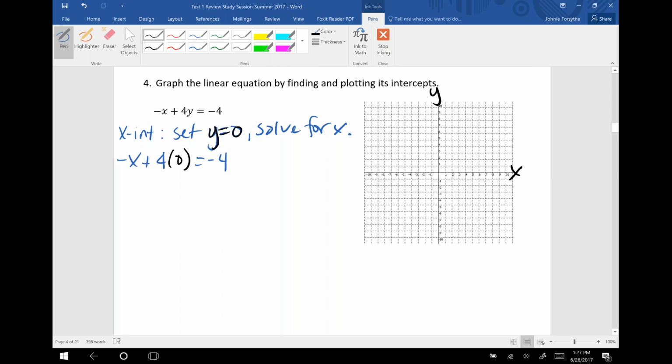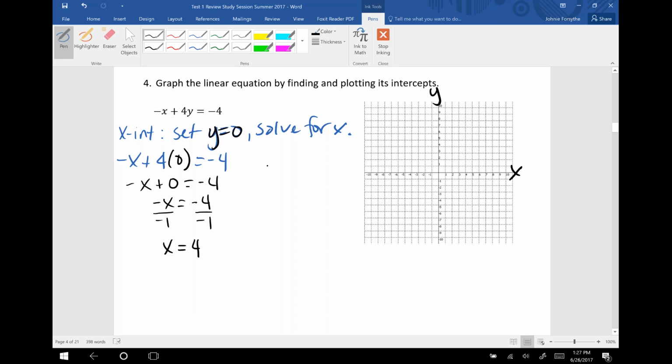I substituted y with a 0. So 4 times 0 is 0. So negative x plus 0 equals negative 4. So negative x equals negative 4. I'm solving for x, so I'm going to multiply or divide by a negative 1 to get that x positive. So x equals positive 4.